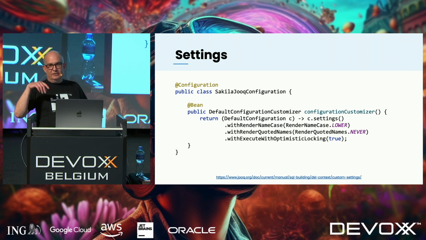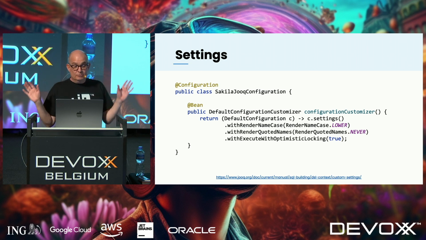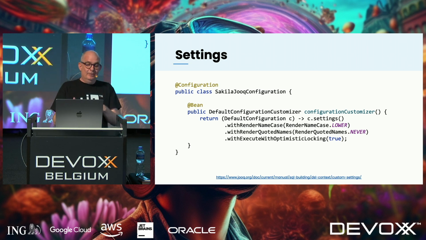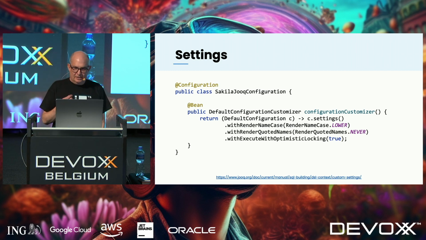In other databases, you have to put the names in backticks to make it case sensitive. jOOQ will do that for you, so you don't have to care about that. But if you don't want jOOQ to do that, you can turn it off here, for example, or you could also do some configuration like execute with optimistic locking, but we will see what that means.